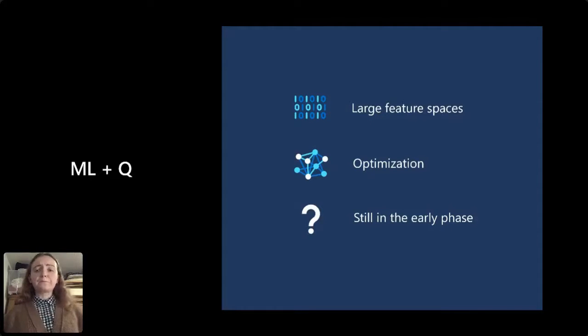Second of all, it's very good in optimization because basically quantum is born from it. The whole idea of quantum computing started when it comes to optimization. And also problems like chemistry, that's also a very good one, and machine learning, it's still in an early phase.